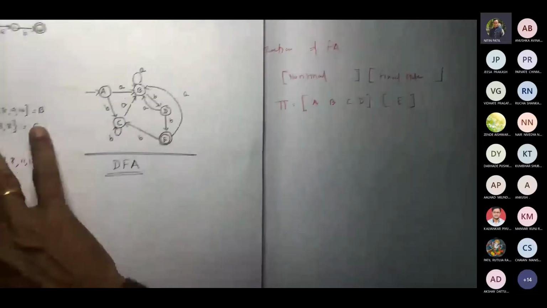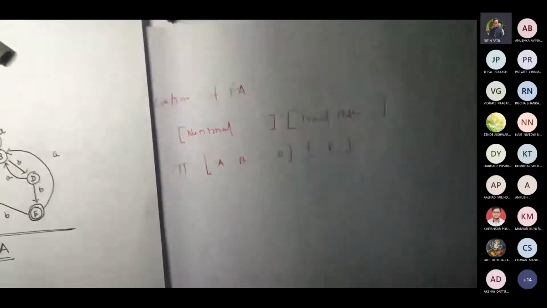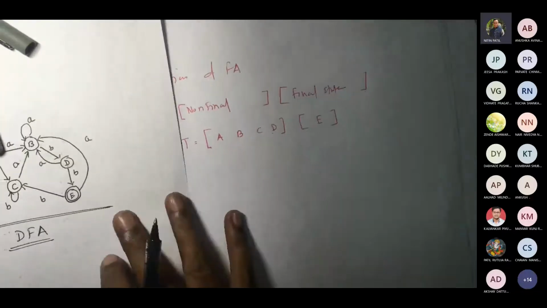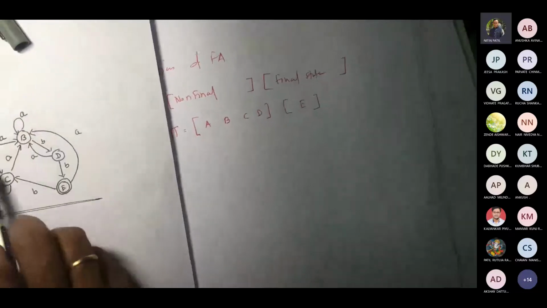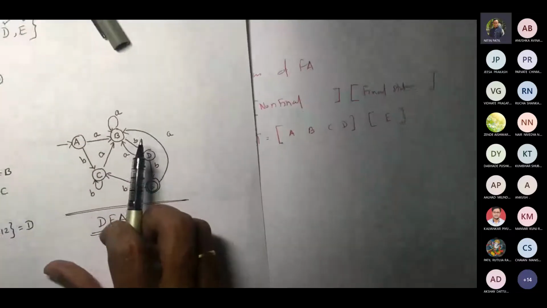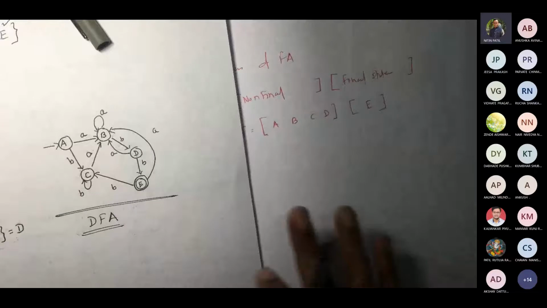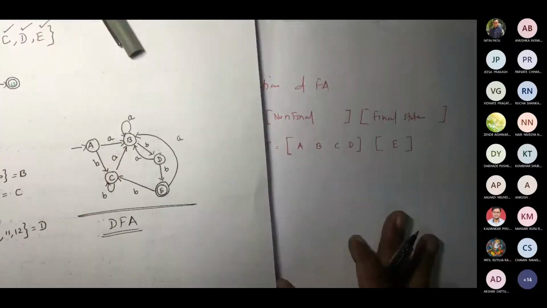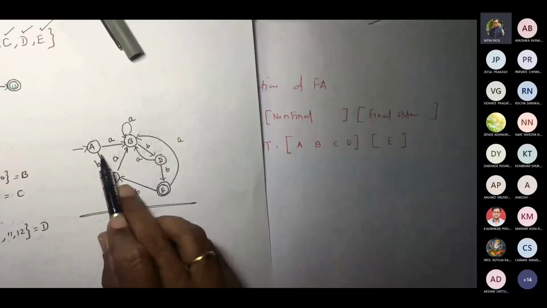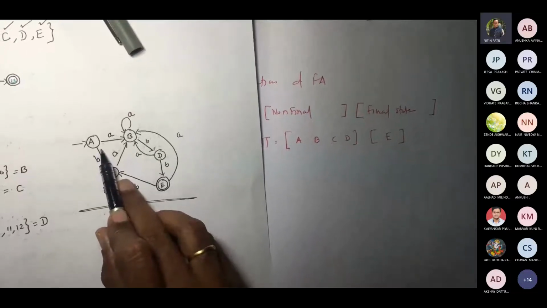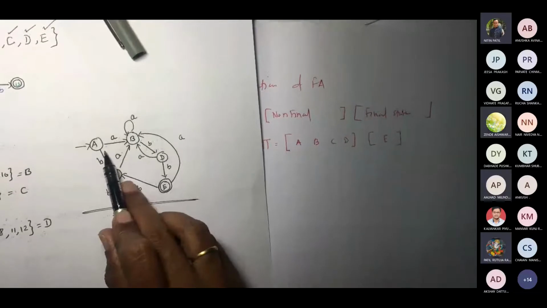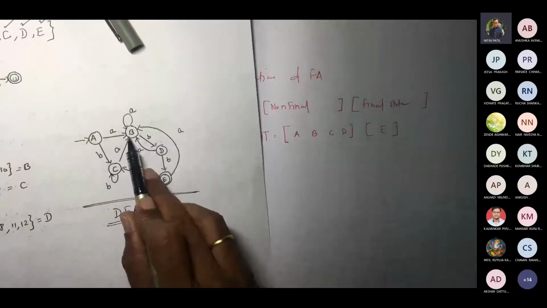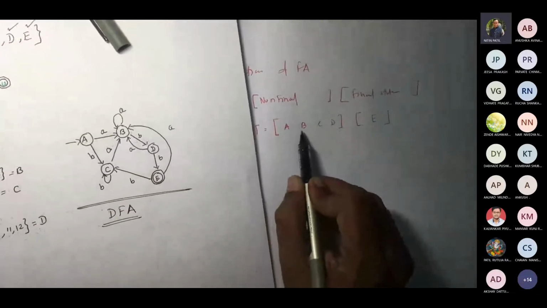Okay, now the next thing that you are going to do is find out in this transition diagram, from A with input a, where the transition is going. It is going to state B, correct? So it is remaining in the same set.